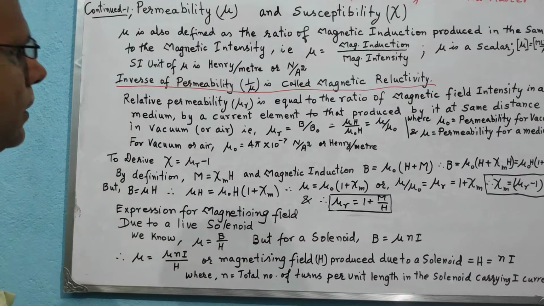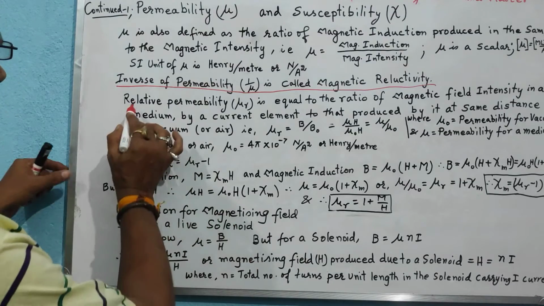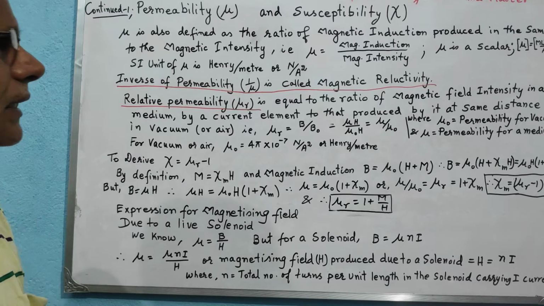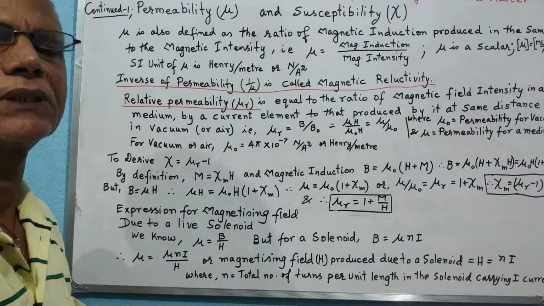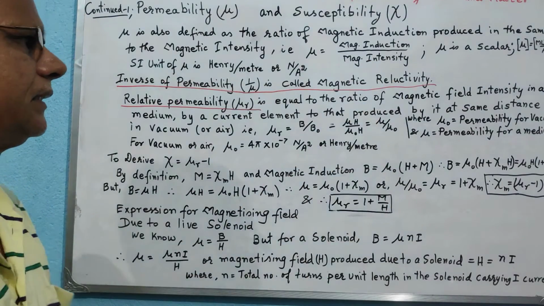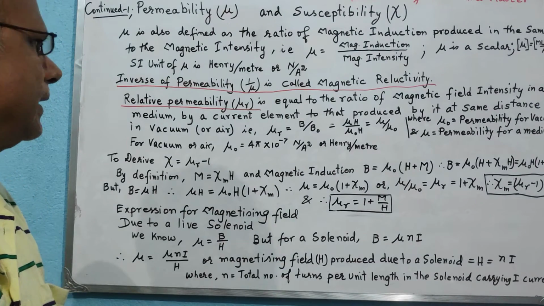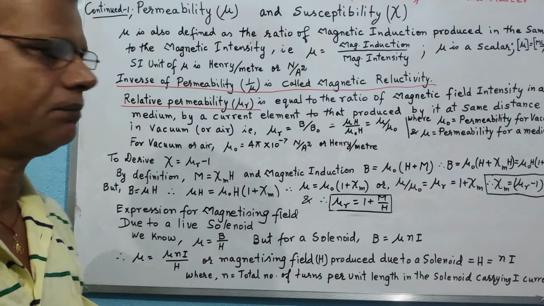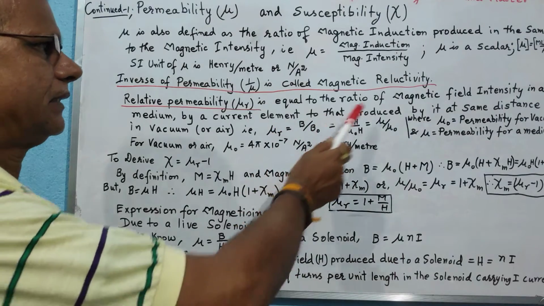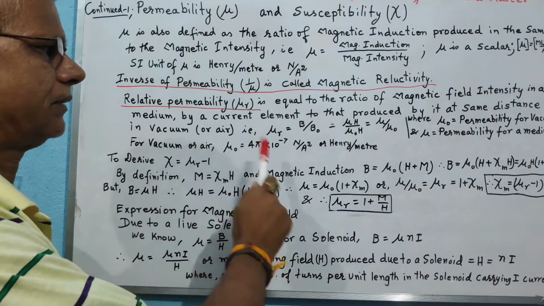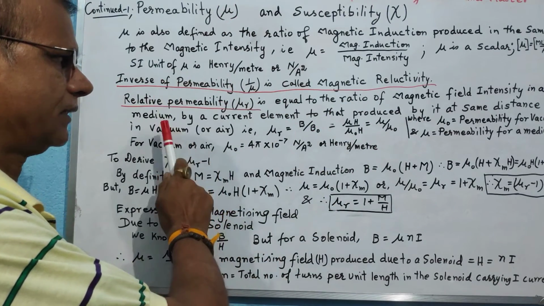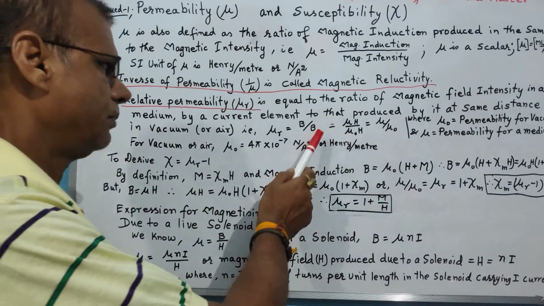So this is about permeability, and now we will talk about relative permeability. It is the ratio of the magnetic field intensity produced in a medium by a current element to the magnetic field intensity produced by the same current element at the same distance when placed in air.